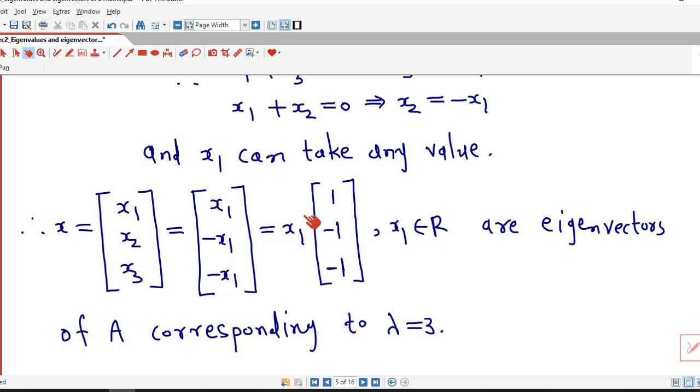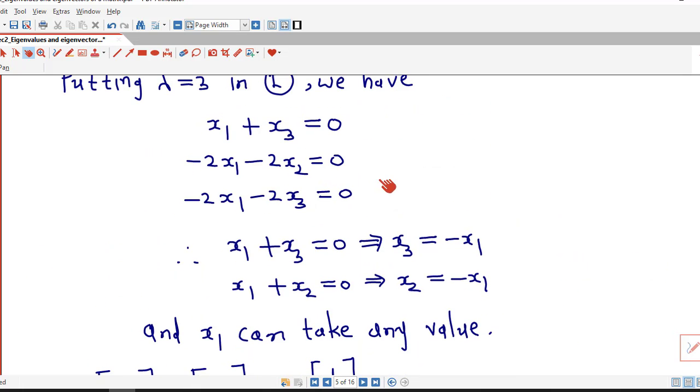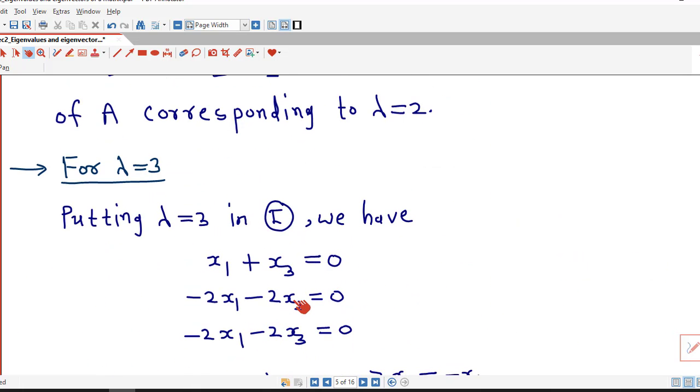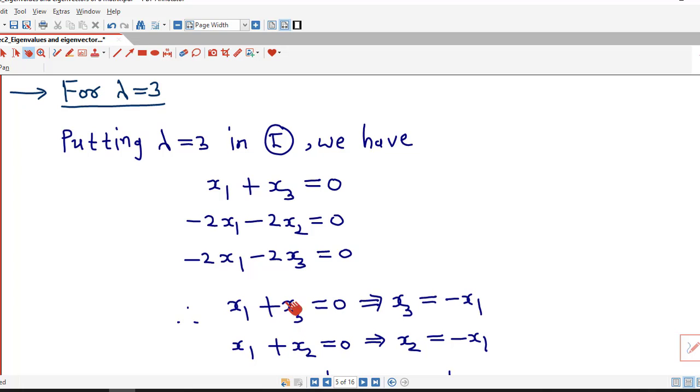Now in this example we are able to solve the systems corresponding to different eigenvalues directly, because we have these simple equations. So we can represent two variables in terms of one variable, but sometimes these systems will not be like that, so that we cannot solve them directly like in this problem.